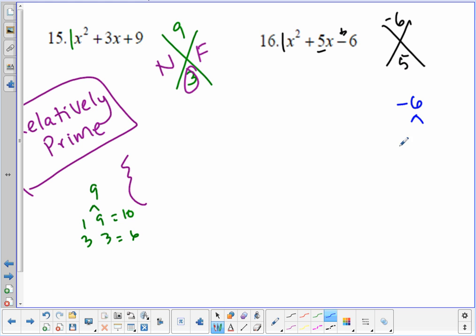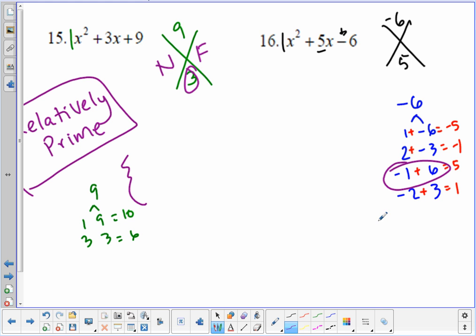What gives me a negative 6 would be something like 1 and negative 6, 2 and negative 3, or negative 1 and positive 6, and negative 2 and positive 3. When I add all those together, this one gives me a negative 5, this one gives me a negative 1, this one gives me a positive 5, this one gives me a positive 1. So my best option here is negative 1 and 6. So that's what I'm going to split my middle term into.